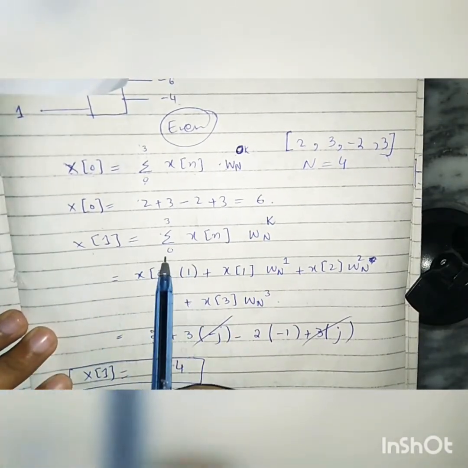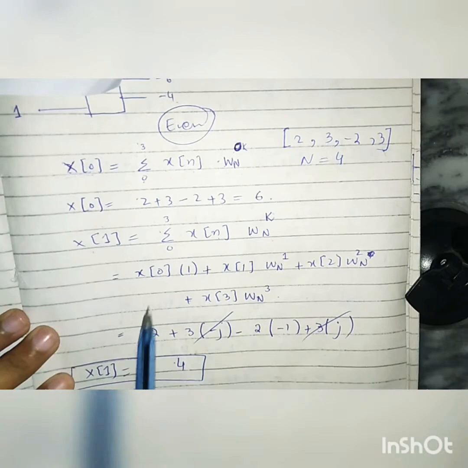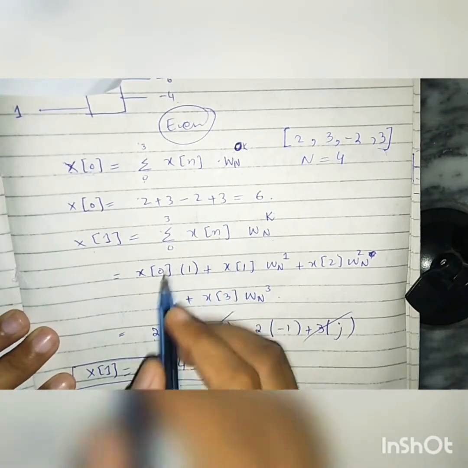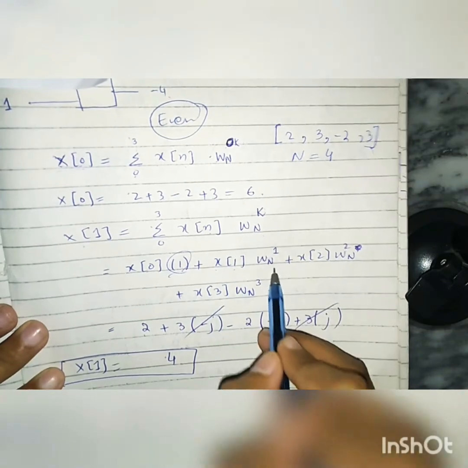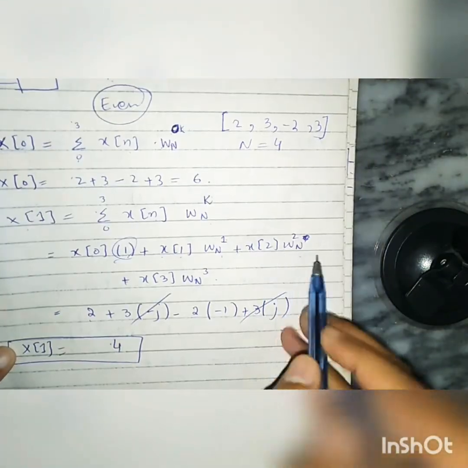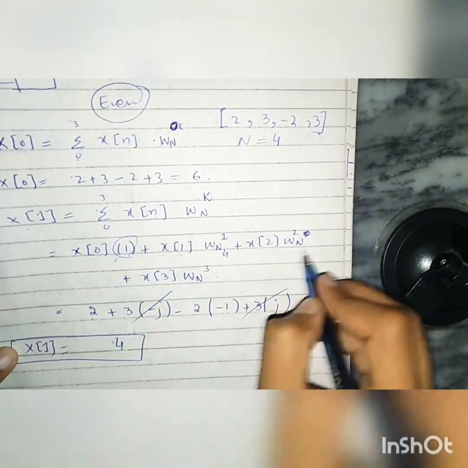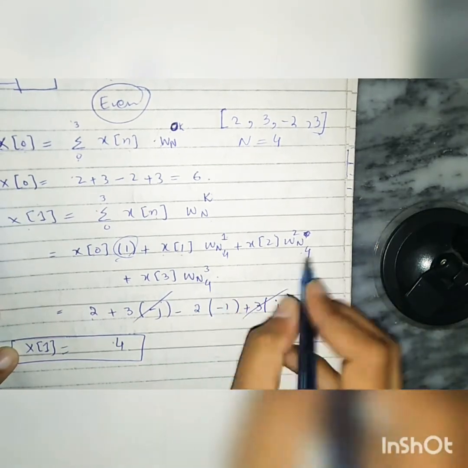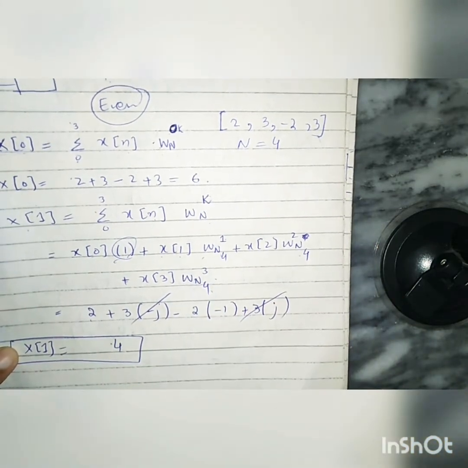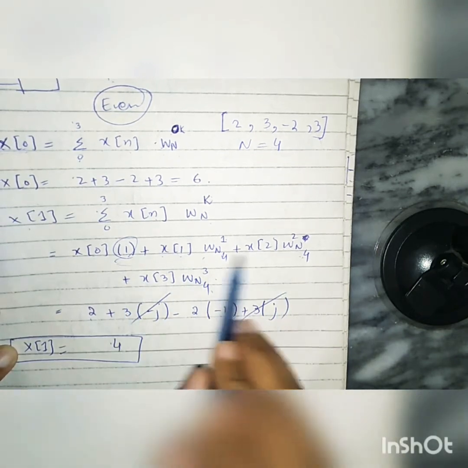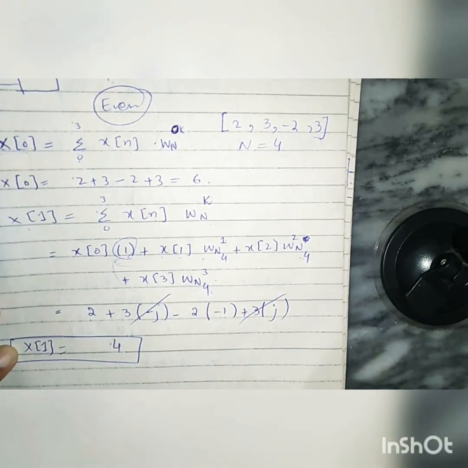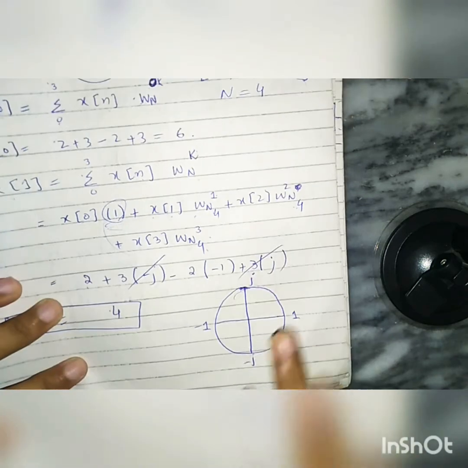For x of 1 we will have the sum from 0 to 3 of x of n, wn and k. X of 0, wn of 0, that was 1. X of 1, wn of 1, x of 2, wn 4 of 2, x of 3, wn 4 of 3. I have told you the way in which we can find all those values. Here's that way.